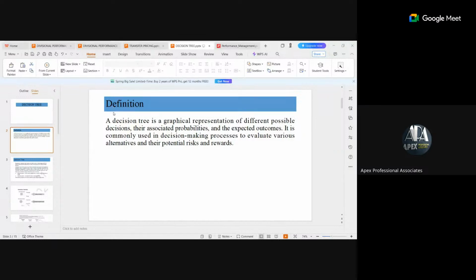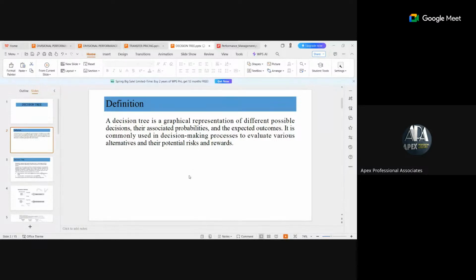So based on the slide, I said a decision tree is a graphical representation of different possible decisions, their associated probabilities, and the expected outcomes. It is commonly used in the decision-making process to evaluate various alternatives and their potential risk and reward.